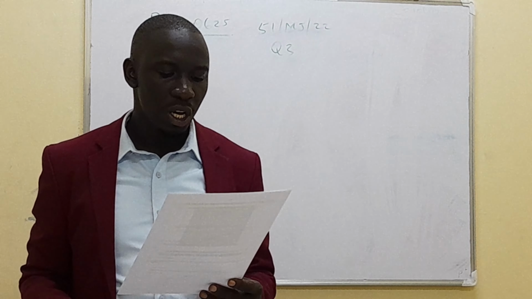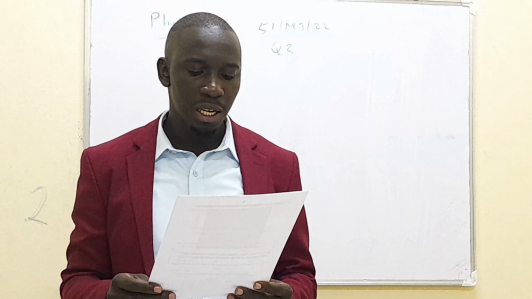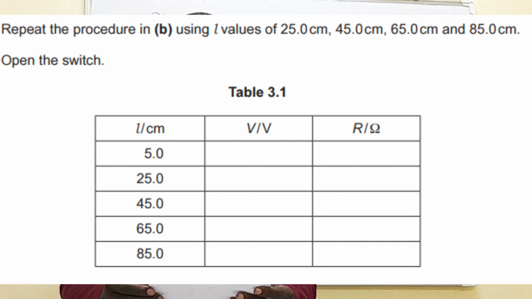Open the switch, calculate and record in table 3.1 the resistance R of 5.0 cm of the resistance wire using the equation R equals V over I. Close the switch, repeat the procedure using different lengths L, that is 25, 45, 65, 85, as you can see on the table.